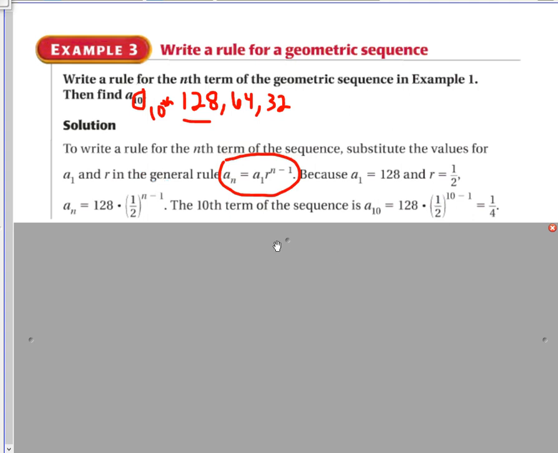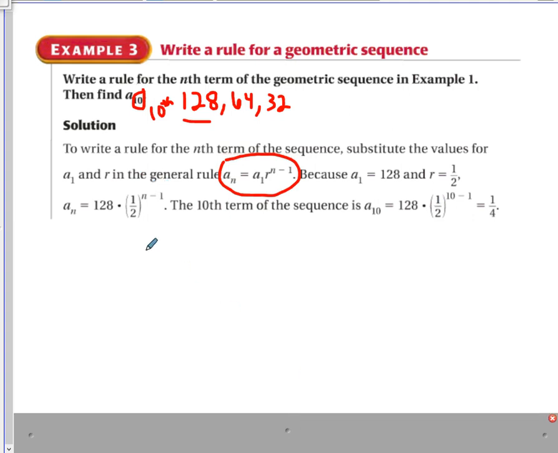If I were to actually solve this on a calculator, I could think about it this way: 128 times 1/2, in parentheses, to the power of 10 minus 1, which is the 9th power. We have been working with functions that look exactly like this the last couple days.